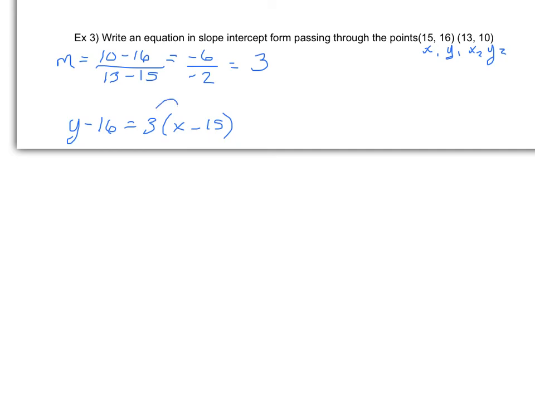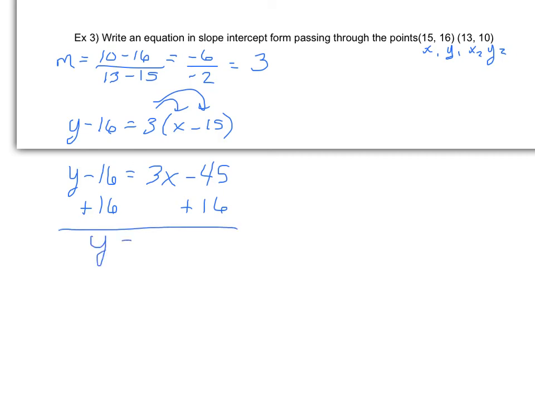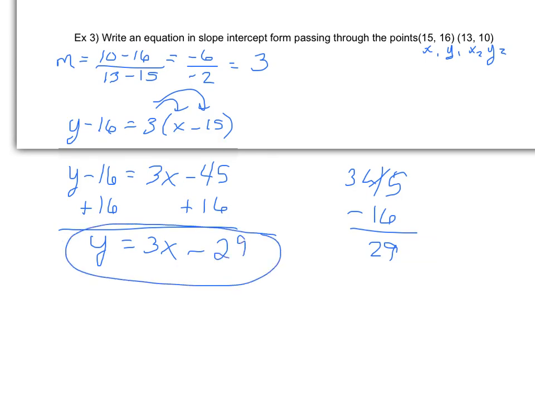Step 3 tells me to distribute, leaving me with y minus 16 equals 3x minus 45, and for my final step, I'll add that 16 to both sides, giving me y equals 3x, and doing just a little bit of scratch work because I'm not quite sure what negative 45 and 16 is. Big number minus small number, keep the sign of the bigger number. So I get y equals 3x minus 29.